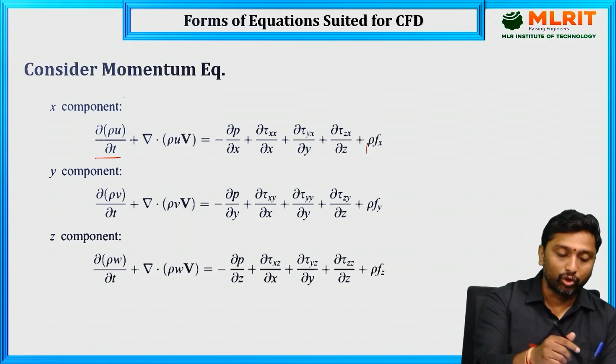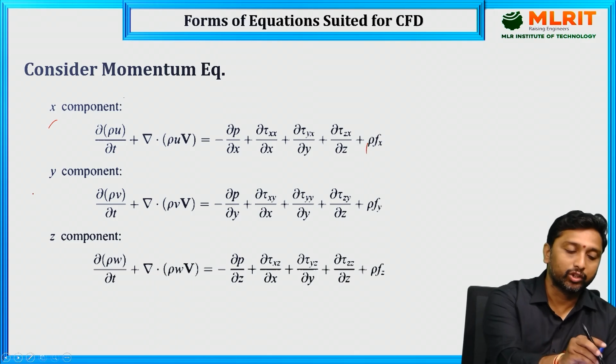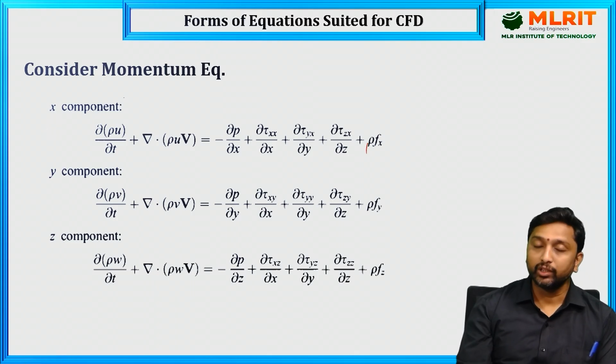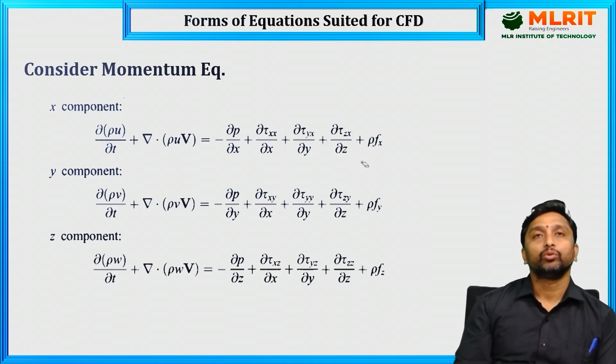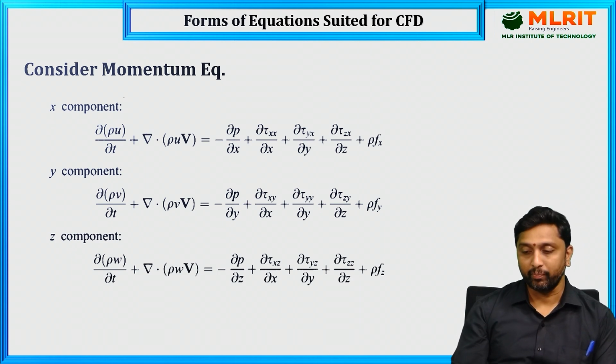Similarly, let us consider all the components, that is x, y and z components. All three components can be written in this form, for which we have already done the derivations in the previous sessions, so you can refer to those. So these are the x, y and z components of the momentum equation.